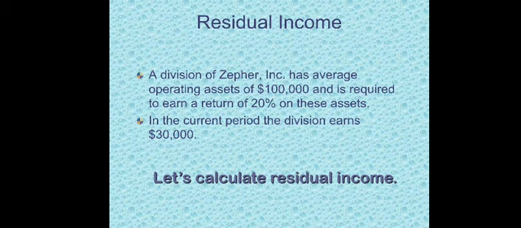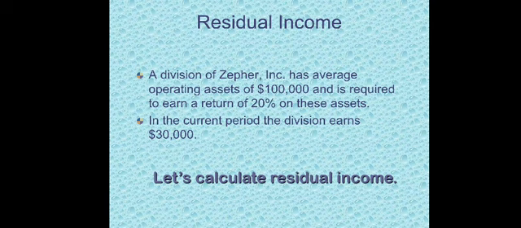A division manager of Zephyr Incorporated has average operating assets of 100,000 and is required to earn a return of 20% on this asset. In the current period, the division earns 30,000. So if you use the residual income method, then you have to set the required return on investment.